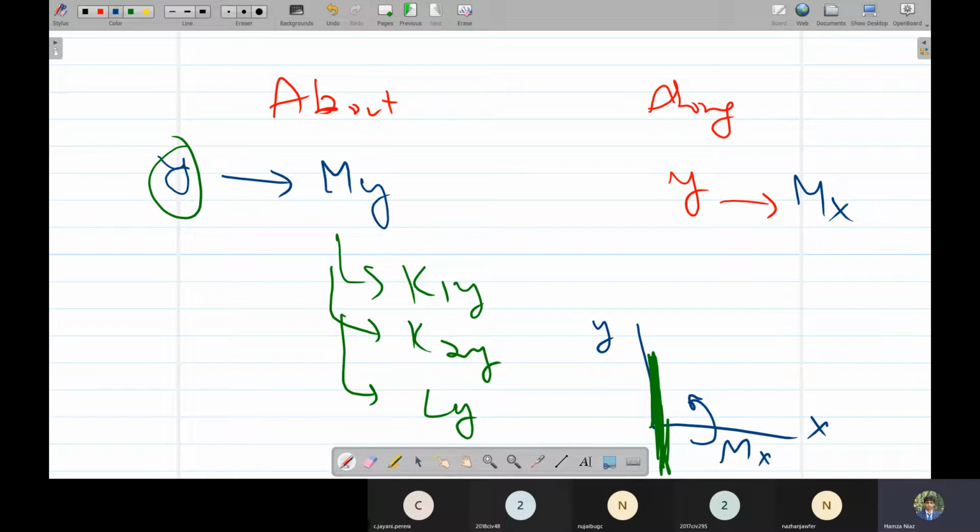The movement would be about x-axis. So the quantity factors would be k1x, k2x, and Lx. Focus on this. The problem in this is what about and what along mean.